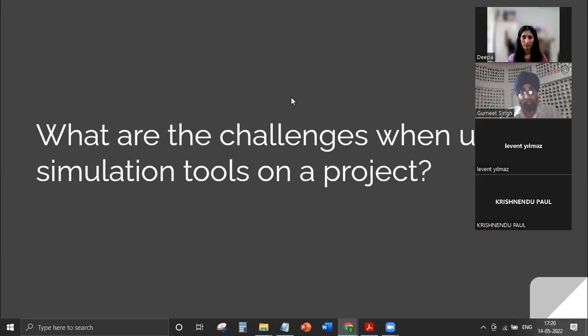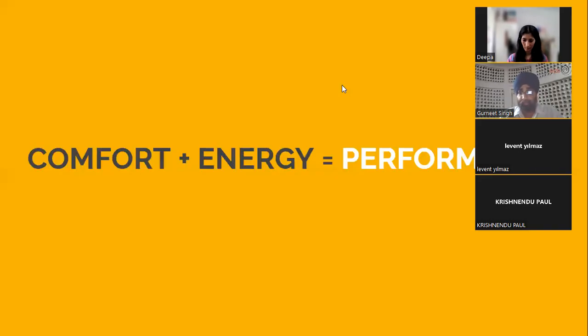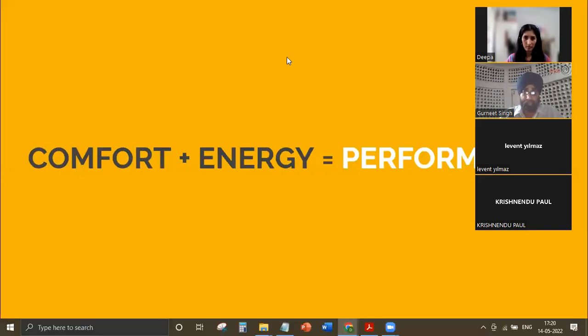Now moving to Deepak. So as we all know, for any building, the first and foremost thing is to achieve comfort, whether it's thermal comfort, visual comfort, or sound comfort, acoustic comfort. So comfort is important, and at the same time, energy optimization or energy savings is important.